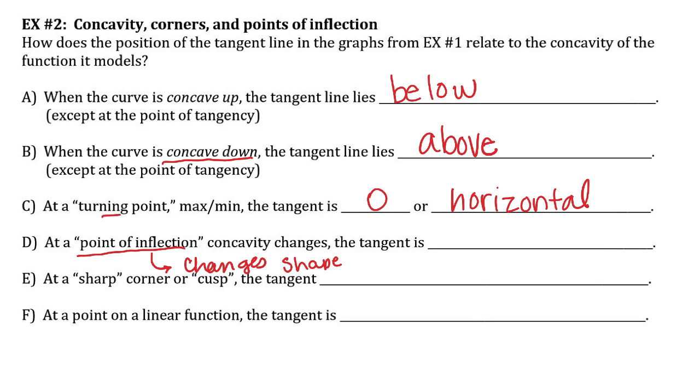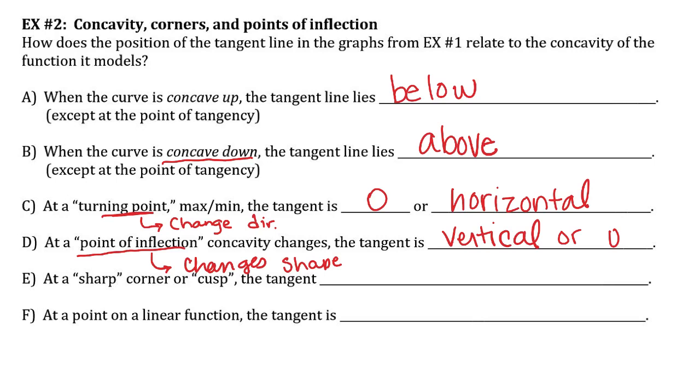The turning point is where we change directions, so let's note that as well. If we're changing concavity at that point of inflection, then we have a vertical tangent, where the slope would be undefined.